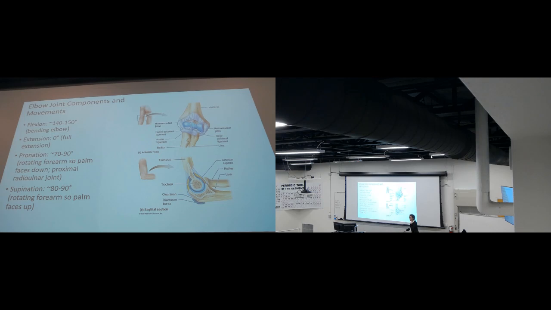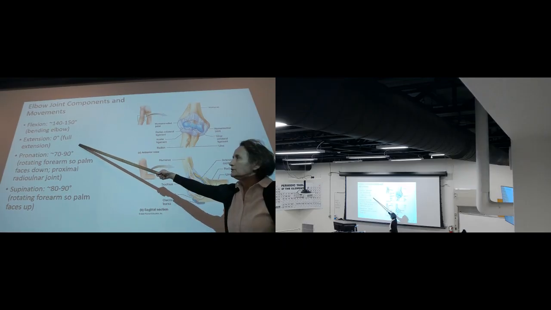So then extension ends in there. So you cannot rotate your forearm like this. So you fully extend and that's it. Why? Because this one fits into here and there's no more movement. So extension is 0 degrees.